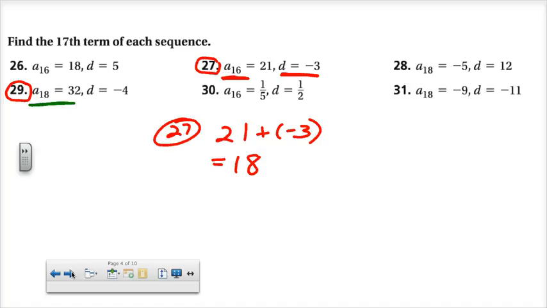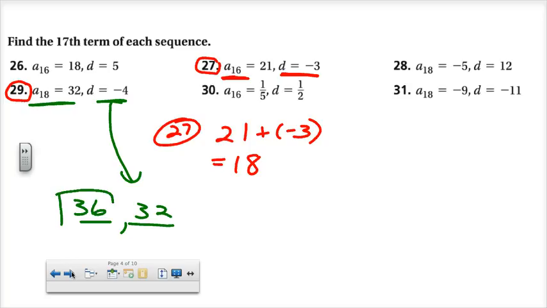And in 29, it's the same thing but backwards. They're giving us the 18th term and saying, hey, this is 32. Now we want you to move back. Well, to get to this term, they had to add a -4. So to get backwards, what we should do is add 4. And that will be 36.